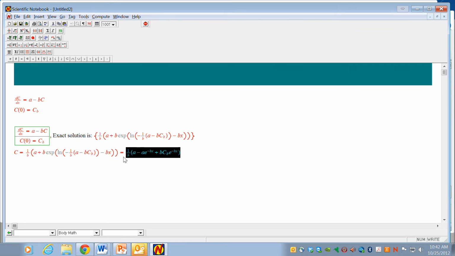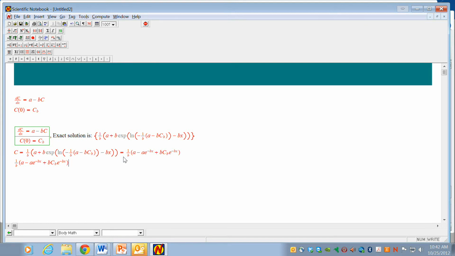This can be simplified a bit more, and the way I'm going to do it is to copy and paste, and I'll do it in a couple of steps. What's convenient is to factor out A from these two expressions, and then also multiply through by B. So we'll have a ratio of A to B here, and that B will cancel out this B right here.